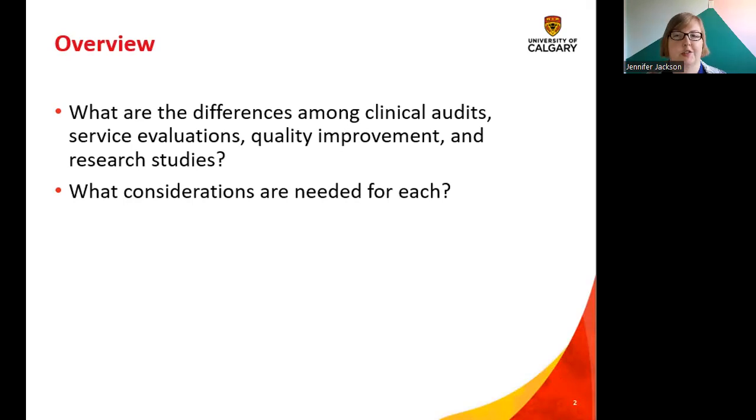The aim of the surveys would be different, and the responsibility for the people administering the survey would be different. But you can still use a survey for clinical audit and for research study. So you can't make a judgment on what technique is being used based on the tool. So a survey isn't enough to say, oh yeah, it's a clinical audit.